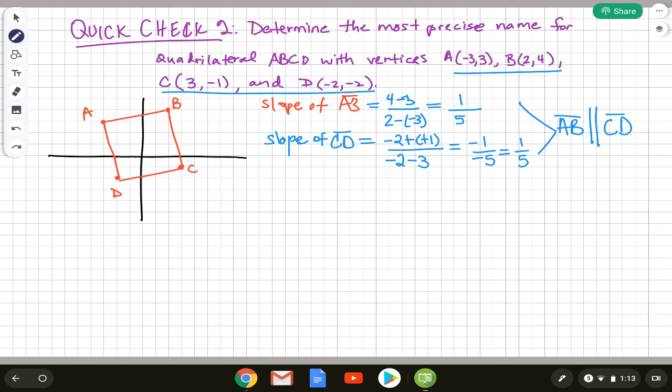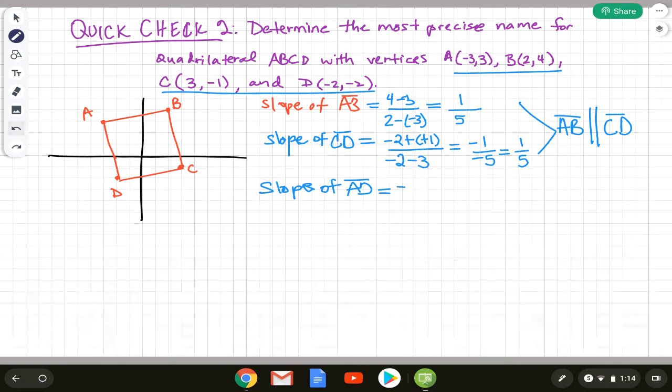All right, now I'll calculate the other slope. So I'm going to work on BC and AD. For AD it would be negative 2 minus 3 over negative 2 minus a negative 3.